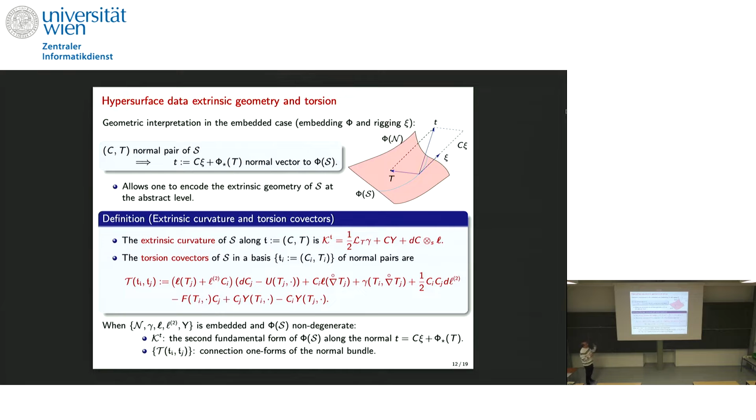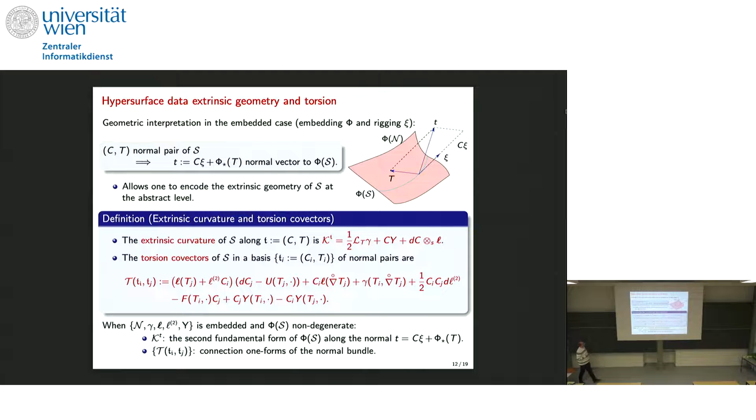Okay. And now, this notion of normal pairs allows you to introduce at the abstract level what eventually is going to be the second fundamental form or the torsion one forms of the embedded submanifold, but at the abstract level, at the detached level. So one defines this tensor K^T. Again, never mind about the definition. And for a basis of normal pairs, for any two of them, you define a covector with this rather long expression.